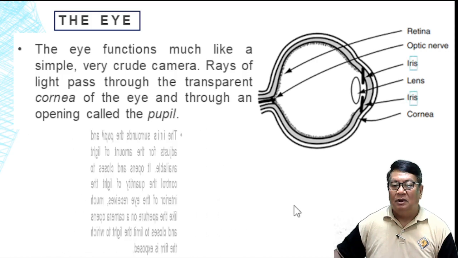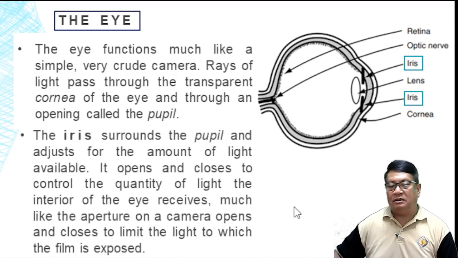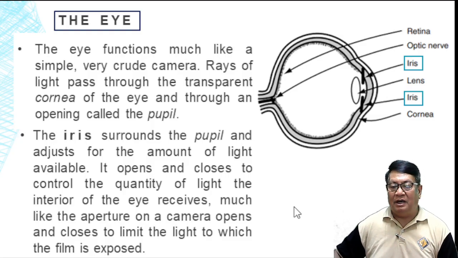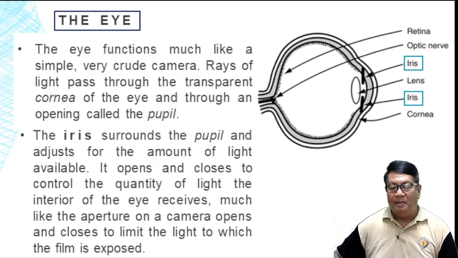Okay, so we have this iris. What is this iris? The iris surrounds the pupil and adjusts for the amount of light available. So it will adjust to the amount of light that is sensed.